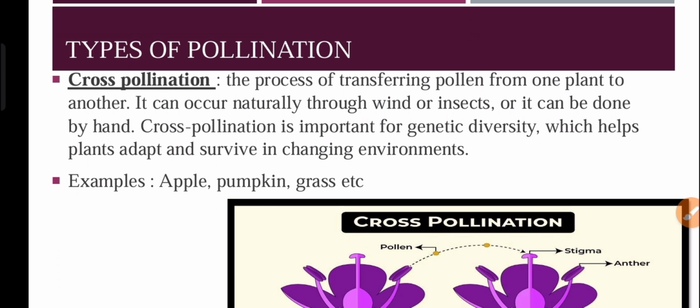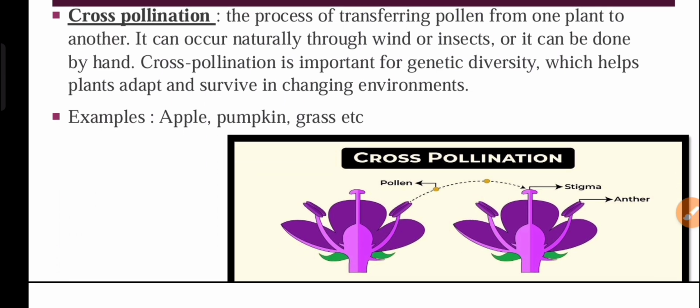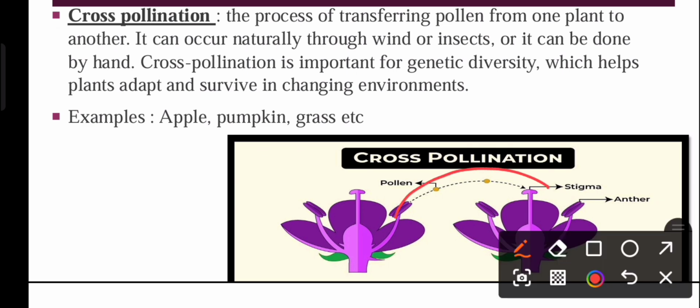And then coming to cross pollination. What is cross pollination? It is the process of transferring pollen from one plant to another. It occurs naturally through wind, insects, water, etc., or it can be done by hand also.